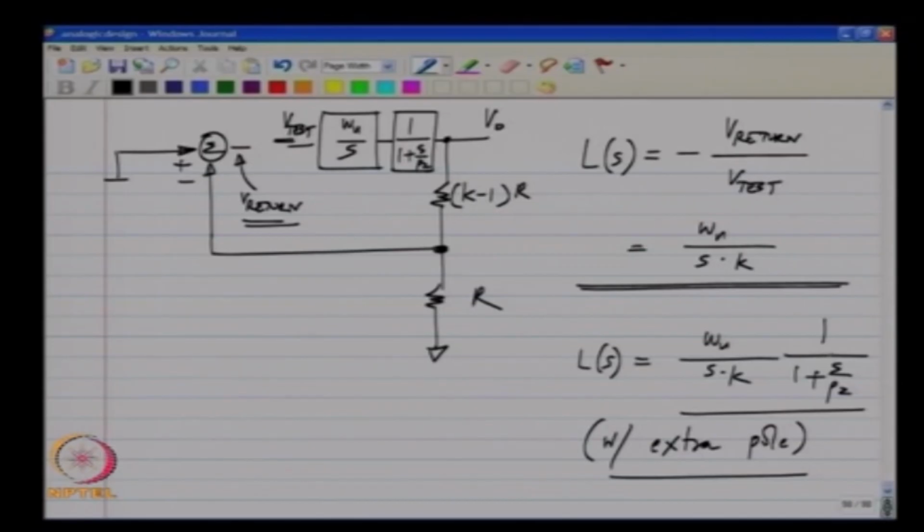So, what we can do now is to compare the time domain responses of the loop gain and see how they behave. Okay.